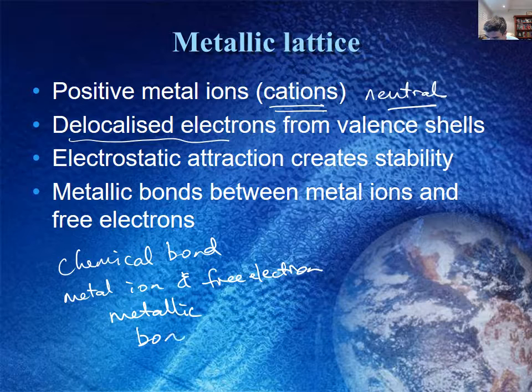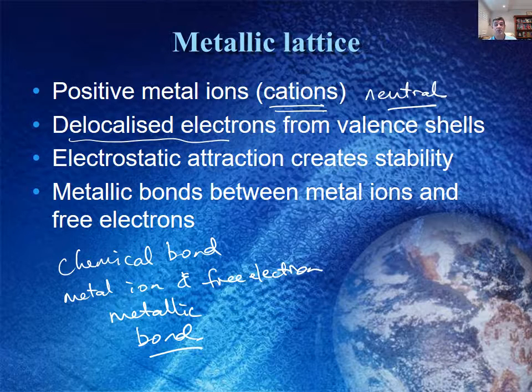And it's just an electrostatic attraction between those free electrons and each of the individual ions that make up the metallic lattice. This electrostatic attraction causes stability, and not only does it create stability, but it ensures that we have very high melting and boiling points for most of our metals as a consequence of this strong bond that's between each of these individual ions and the free electrons.